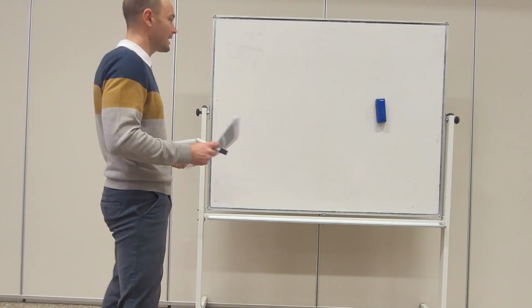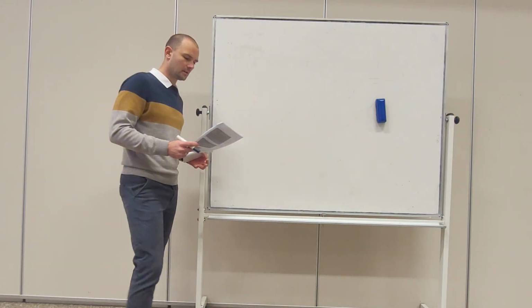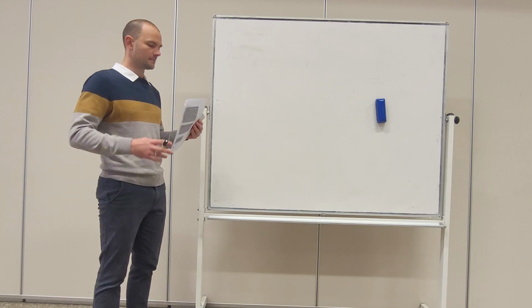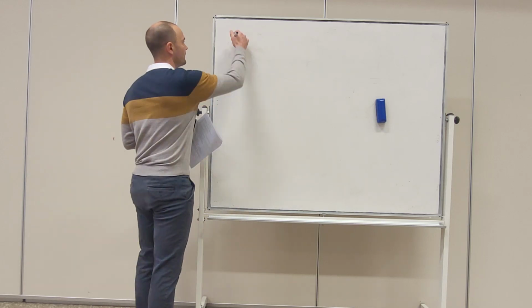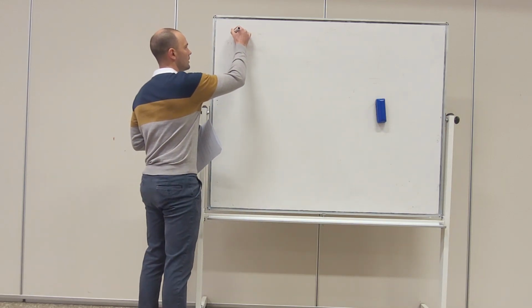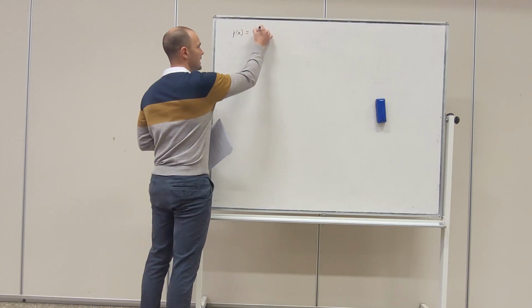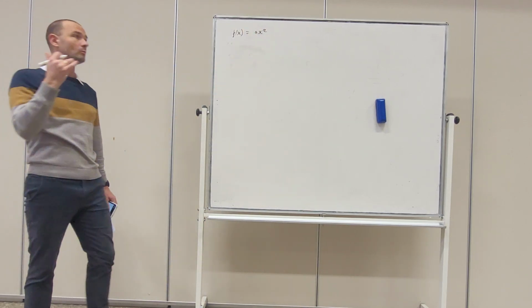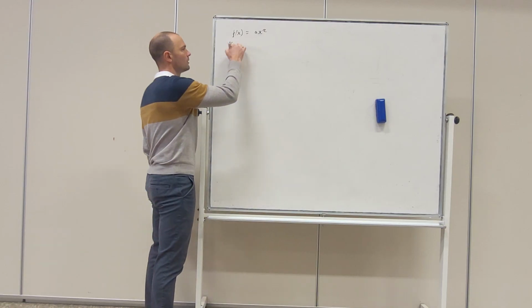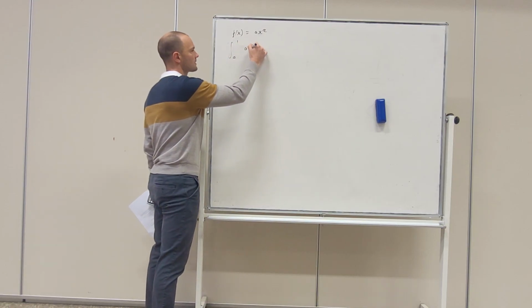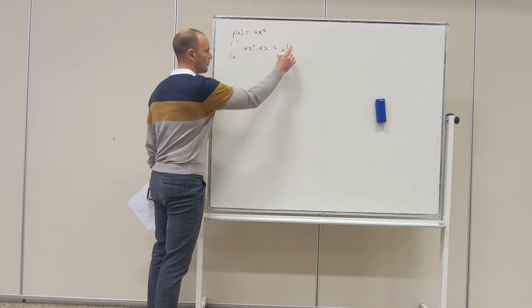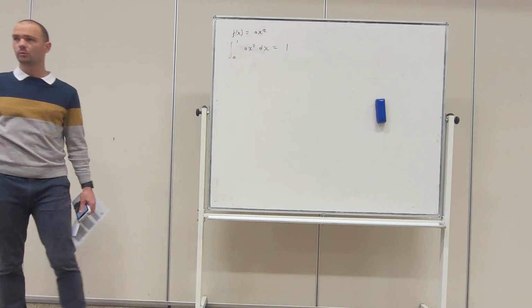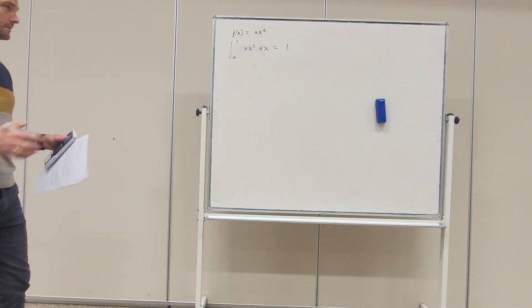So we have, firstly, consider the probability density function, ax squared, which is valid from 0 to 1. Part A says find a. So if we have the function f of x is ax squared, that's our probability density function, and we know it's valid from 0 to 1, what it means is the integral from 0 to 1 of ax squared is equal to 1. That the area under the curve is equal to 1, and here we're going to solve this for a.